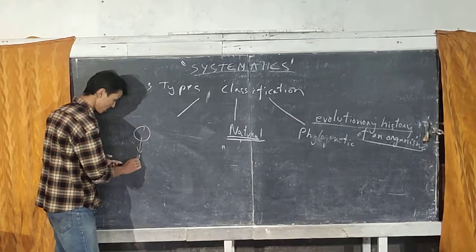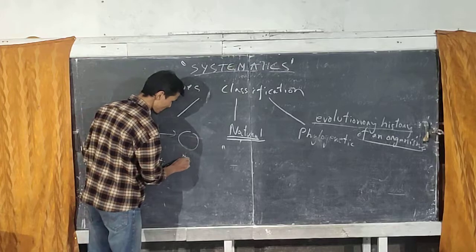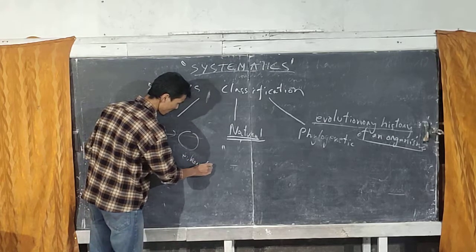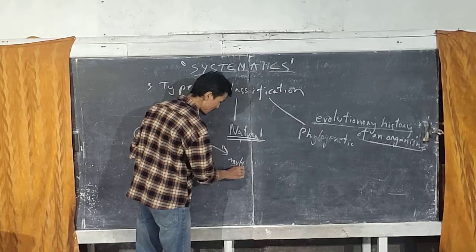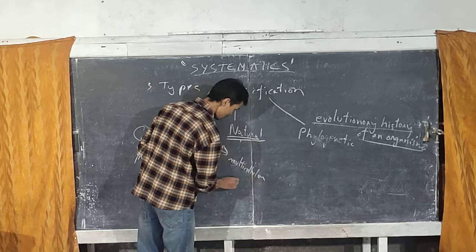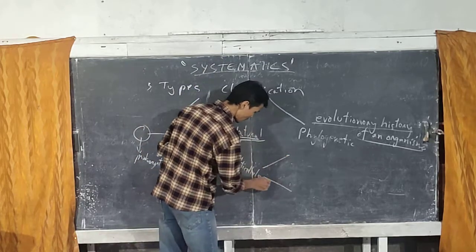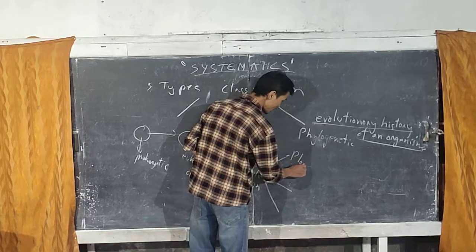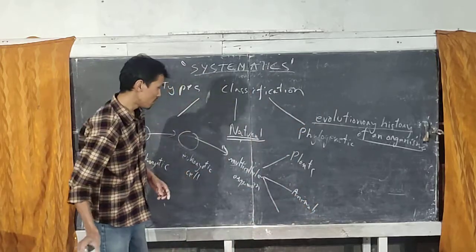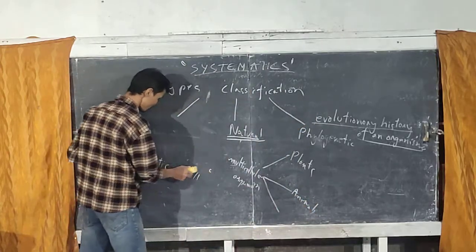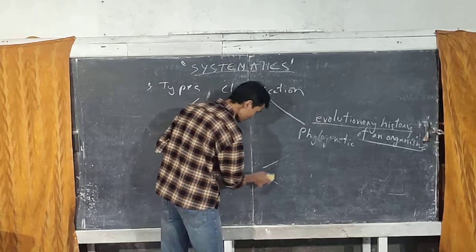This cell was prokaryotic, which changed into a eukaryotic cell. This eukaryotic cell became a multicellular organism, giving rise to various groups of organisms that can either be plants, animals, and so on. So by evolutionary history, it means the origin of an animal or plant.